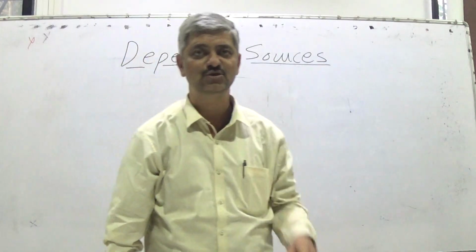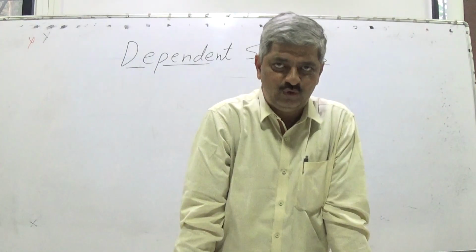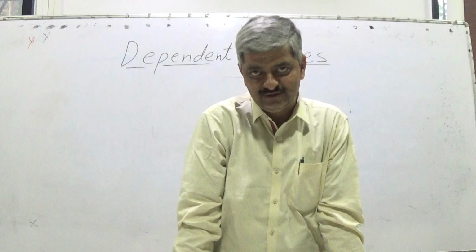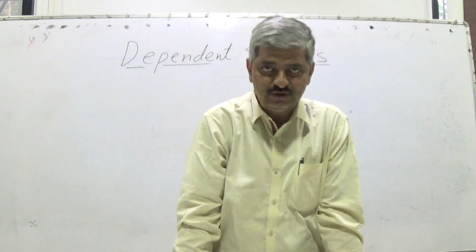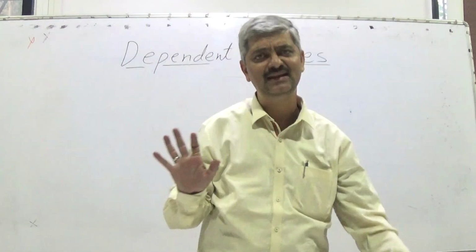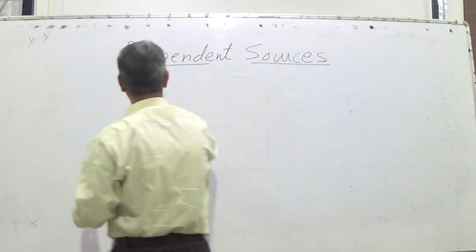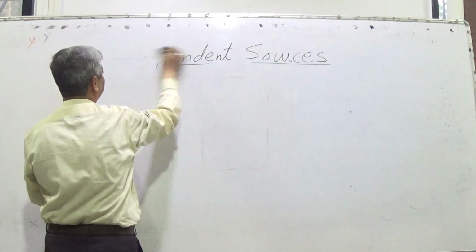Some other voltage or some other current. So we get voltage dependent voltage source, voltage dependent current source, current dependent voltage source, current dependent current source. It's very simple and we will consider it through a few examples where everything would be clear.